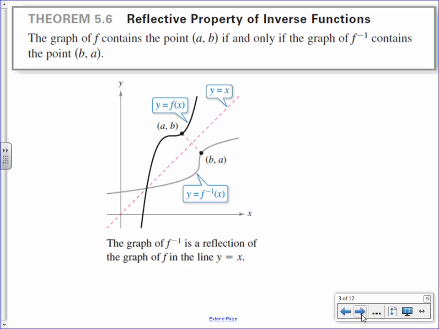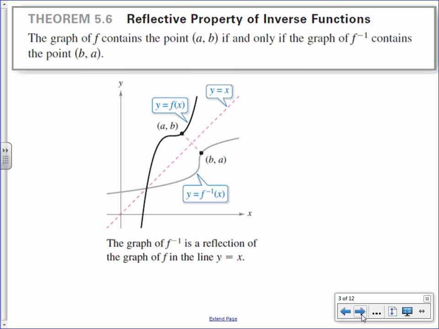These are all things that we've talked about before. What have we been working with this entire unit? Derivative. So eventually we're going to be able to find the derivative of an inverse.